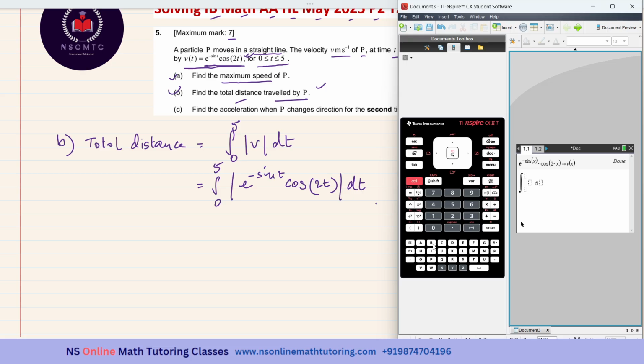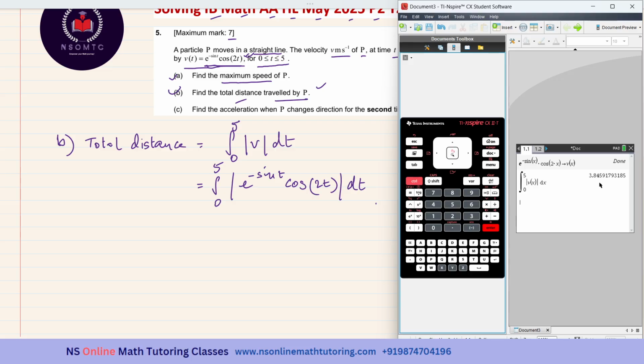Integral 0 to 5, and we have the expression stored. So again the absolute value and this is v of x, and this will be x because I have taken v of x, therefore I am taking dx, not dt. And it is 3.8459.